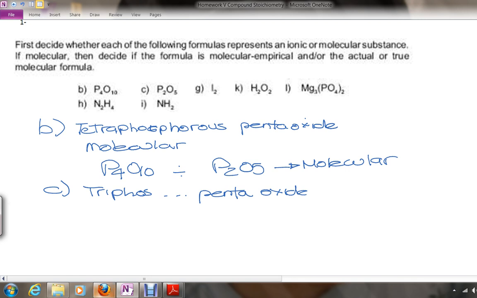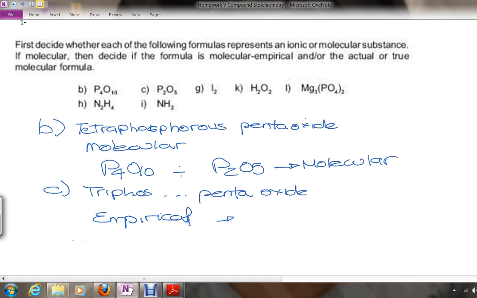We're not going to get a smaller ratio than this one, 2 to 5, so you can't find a common denominator here. So this is empirical. And this is the empirical for the molecular one. Do you see? This is empirical.